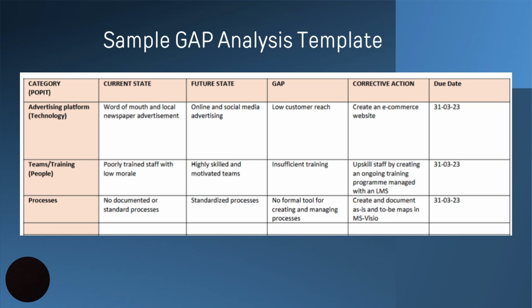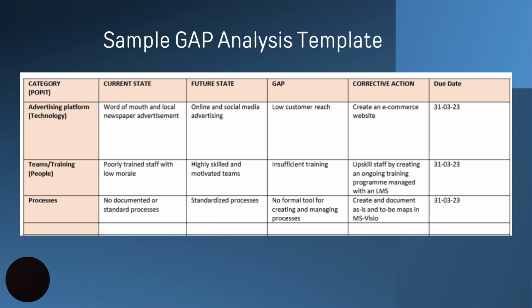In other words, they cannot reach out to as many customers as they want. And now, what is the corrective action to sort this out? They can correct that gap by creating an e-commerce website. And then what is the desired date when they expect this e-commerce website to be created? In this example, we have the 31st of the 3rd, 2023. So that is an example of how you can do a gap analysis template.